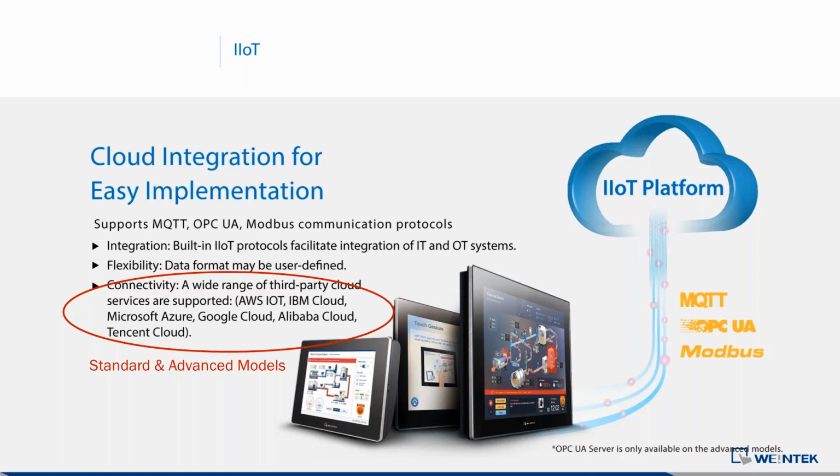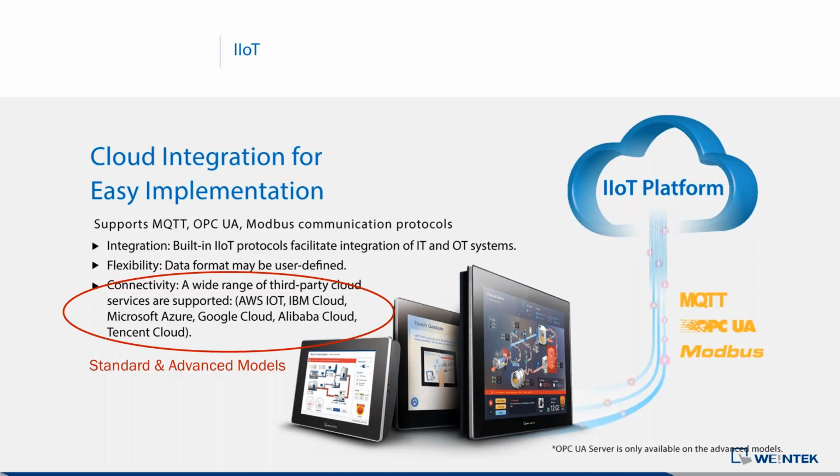In MQTT, we support standard MQTT, and we also support some big cloud platforms like Microsoft Azure, Amazon's AWS IoT, and Google IoT Core here. Some of these big cloud platforms you can use standard MQTT to communicate with, and some of them you cannot.